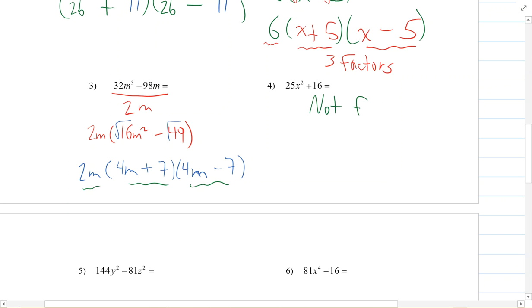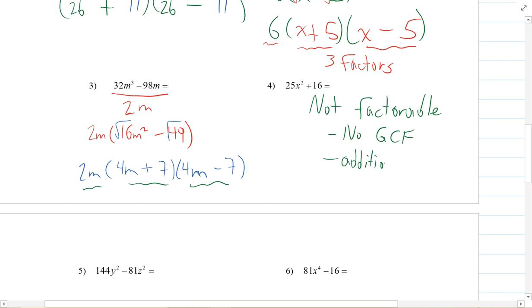Not factorable. Do you know why this one is not factorable? There's 2 reasons. Number 1, there's no GCF. Now I gave you some juicy numbers like 25 and 16, which are squares, but it's not a difference of squares, simply because there's an addition.